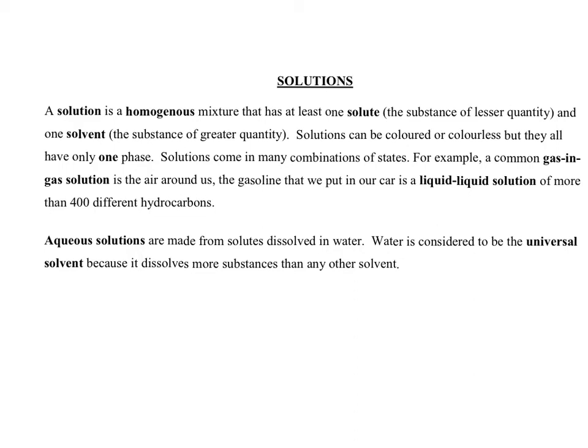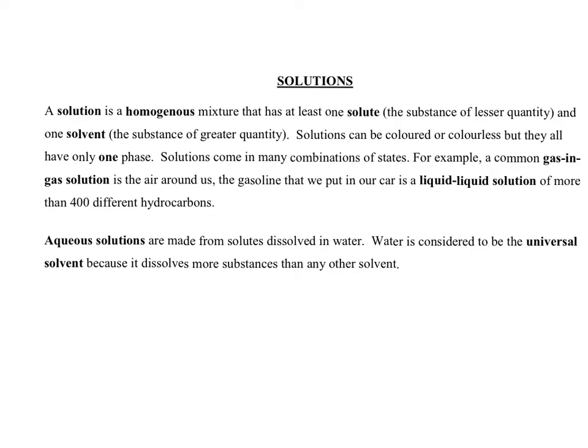Solutions. A solution is a homogeneous mixture that has at least one solute, which is the substance of lesser quantity, and one solvent, a substance of greater quantity. Homogeneous means when you look at it, you only see one type of particle.